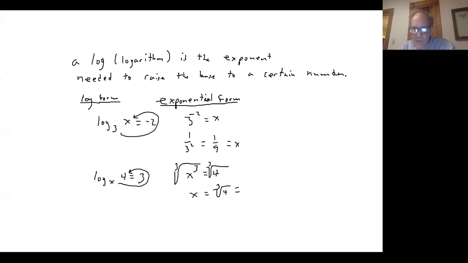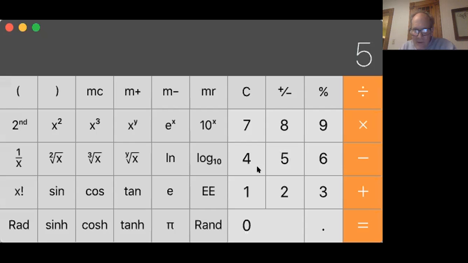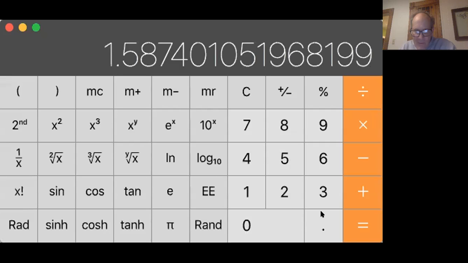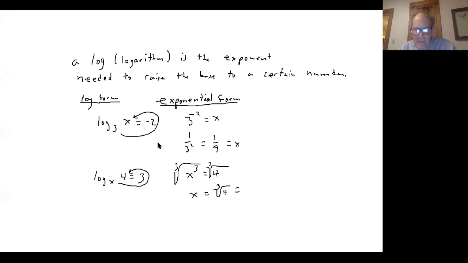And if we go one more step with it and do that out, I'd get the cube root of 4, about 1.5874.